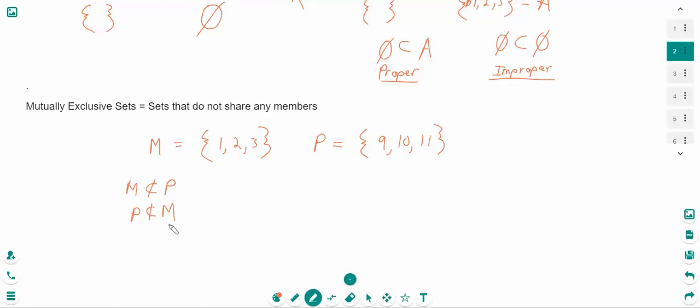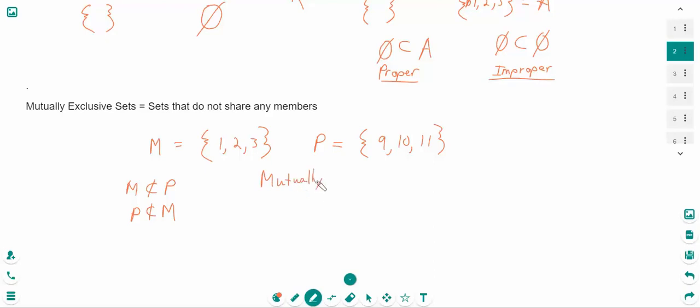But there is something else that we could say here, and that is that these two sets are mutually exclusive. Mutually exclusive. And what that means is they do not share any members. There isn't a single member that's shared between M and P. Okay? So these would be considered mutually exclusive.